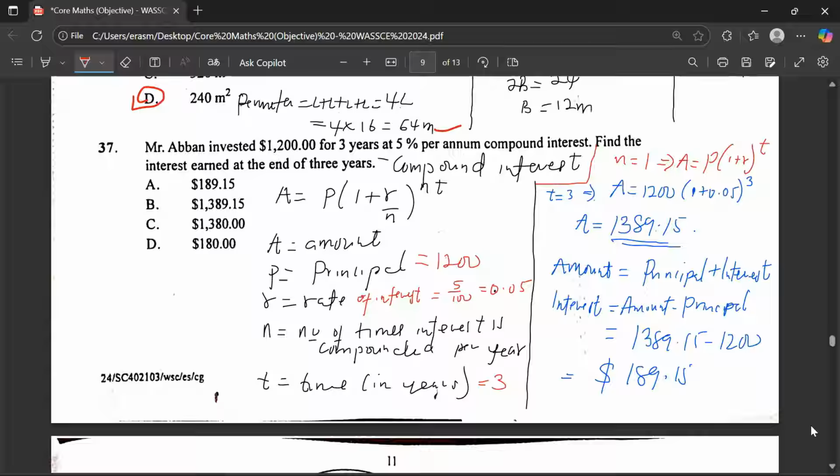So from the question, the principal, which is the initial amount, is 1,200, right? The rate is 5%, that is 5 on 100, that is 0.05. And N, the number of times the interest is compounded per year, is 1.